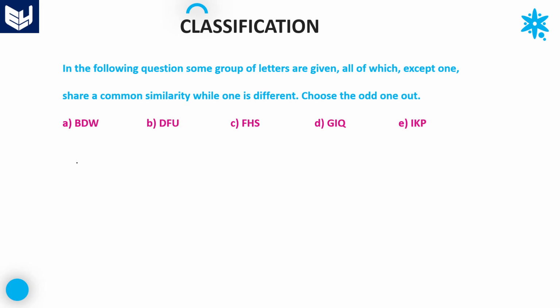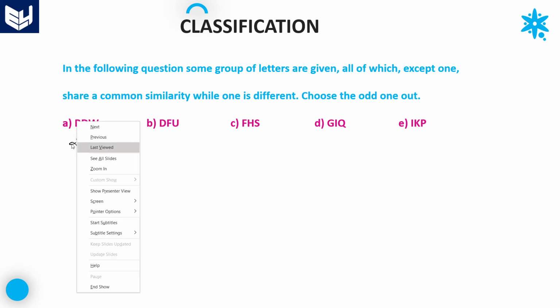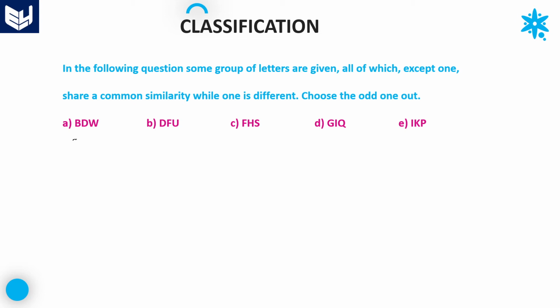Here the question is given as B, D, W; D, F, U; F, H, S; G, I, Q; I, K, P. If you observe carefully, if you write down the numbers of the first two letters, here it is 2 and 4. Next, 4 and 6.